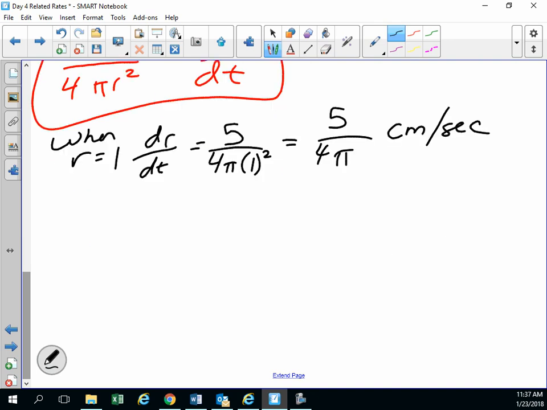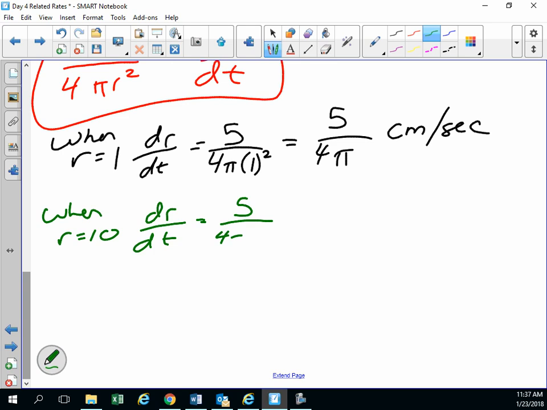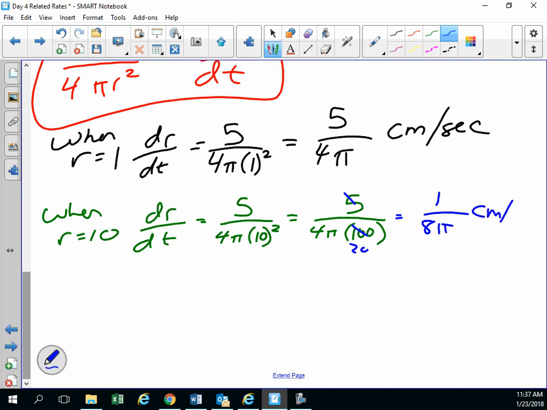How about when the radius is 10? Question.